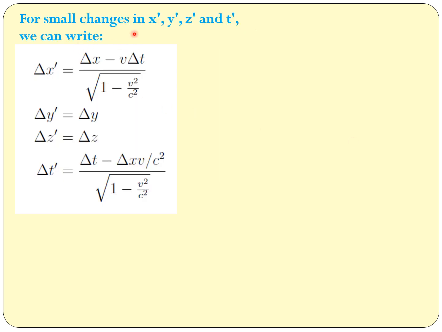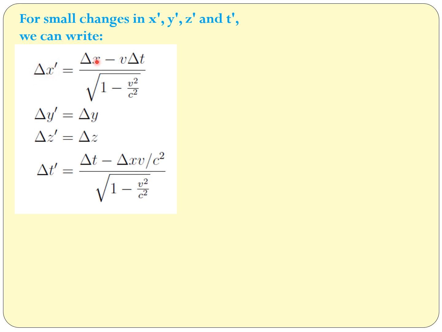So if we take the small changes in x prime, y prime, z prime and t prime, then we can denote the small change by this triangle symbol. It is known as delta, or in some books you will find it written as dx. So small change in x prime will be dx or delta x.